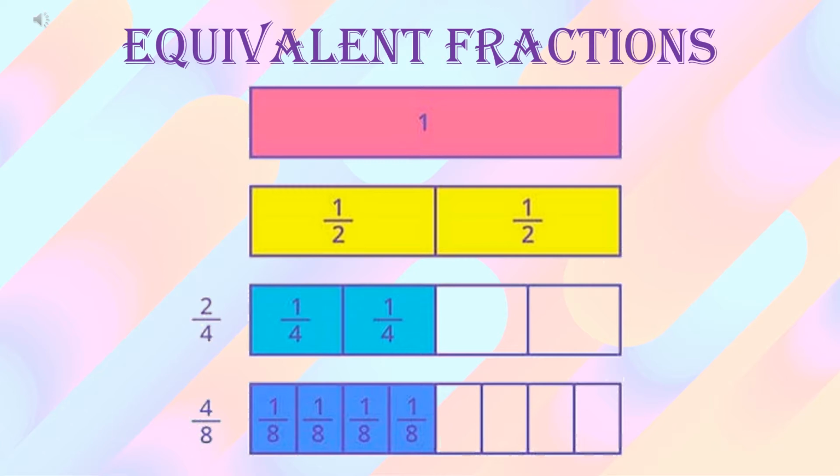And it is also equal to half of the rectangle. That means 1/2 is equal to 2/4 and which is equal to 4/8. That means such fractions that represent the same part of a whole are called equivalent fractions.